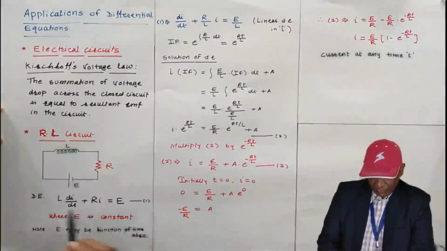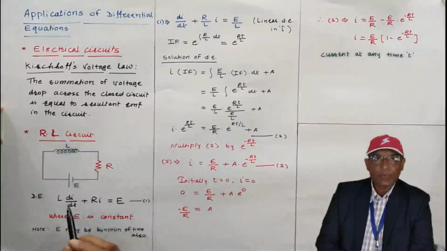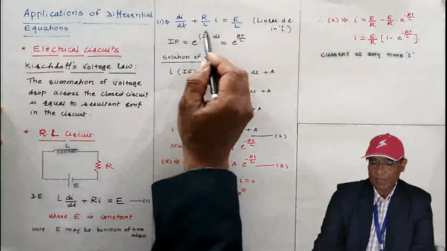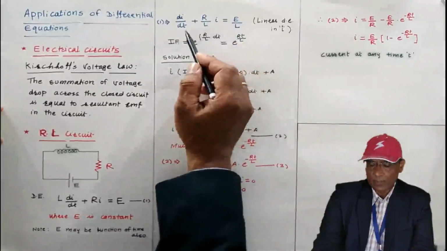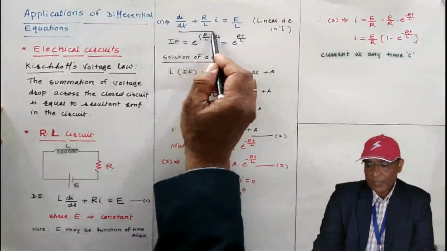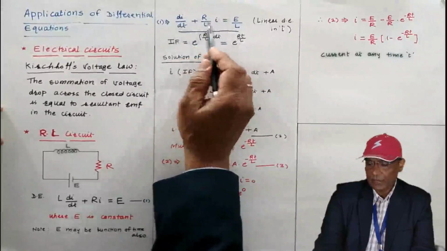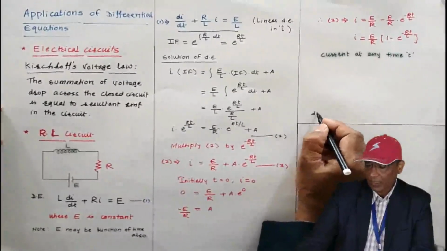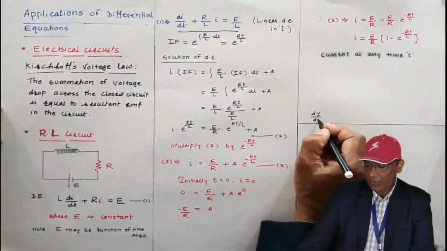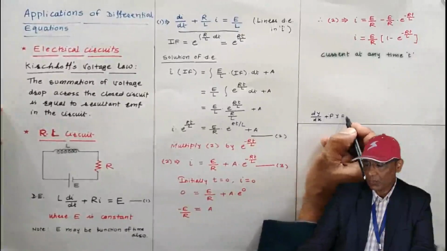Now this differential equation we are going to solve. So divide this differential equation by L, and we get this equation. If you look at this differential equation, it is a linear differential equation in I. In differential equations, we discussed this type, dy by dx plus py equals q.